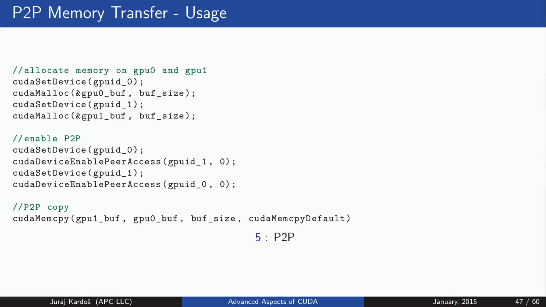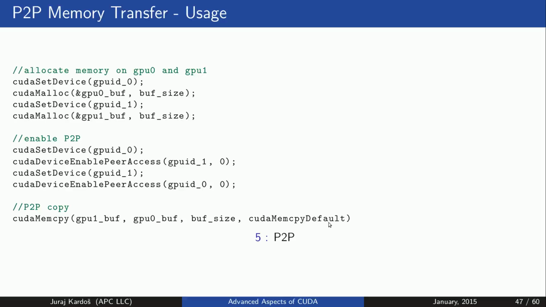Here you see code of peer-to-peer transfer. In this example, we allocate some memory on both of our devices, enable peer-to-peer access, and copy data from GPU 0 to GPU 1. Note the last parameter in CUDA memcopy, that is cudaMemcpyDefault.